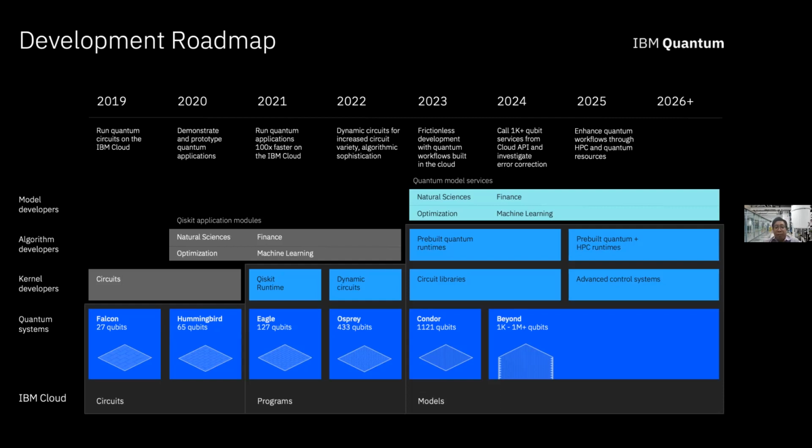So effectively increasing the amount of circuits that a kernel developer can run and learn on the system, building now a new foundation for others to develop better algorithms, develop different types of application modules that eventually move towards the full model developer framework.